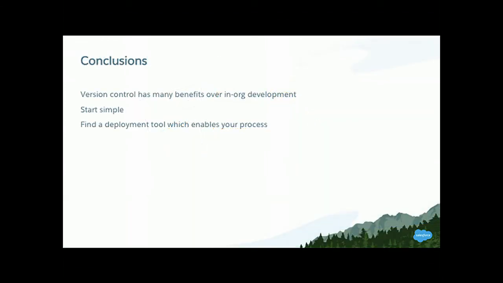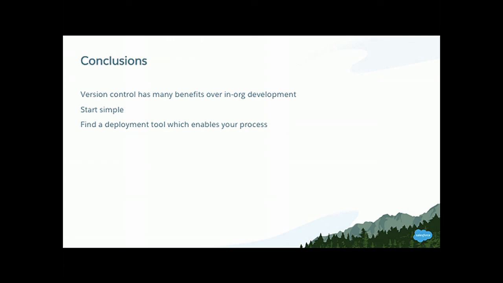So a few conclusions. I'm hoping that I've shown that there are many benefits if you adopt version control, but adopt it as more than just a backup. Embrace it as a new way of working and a new way of collaborating. And the learning curve in the process will pay off for you. Start simple. If I've given you no other advice, it's don't go complex early, because it won't pay off for you.